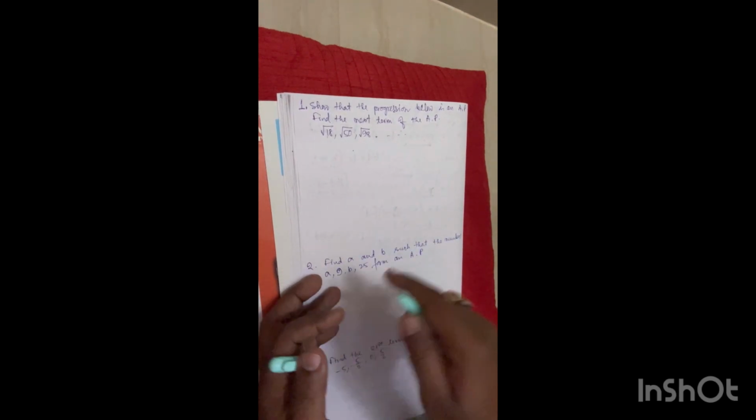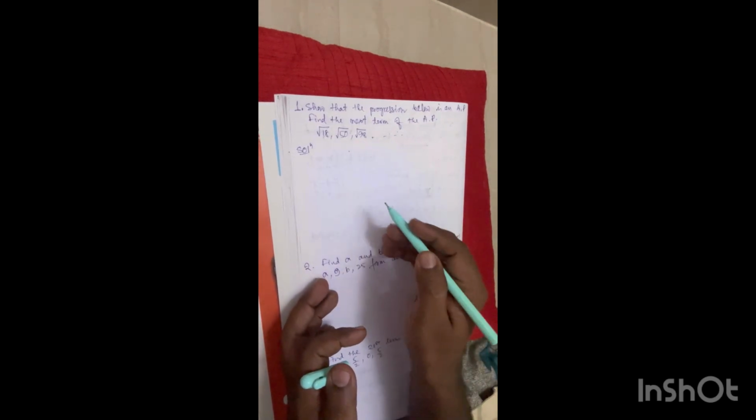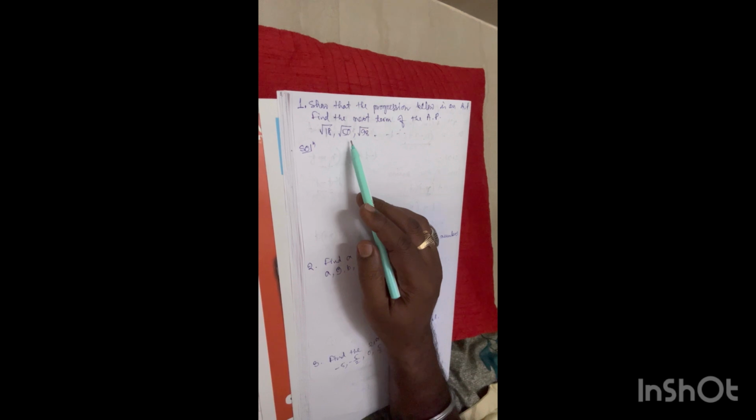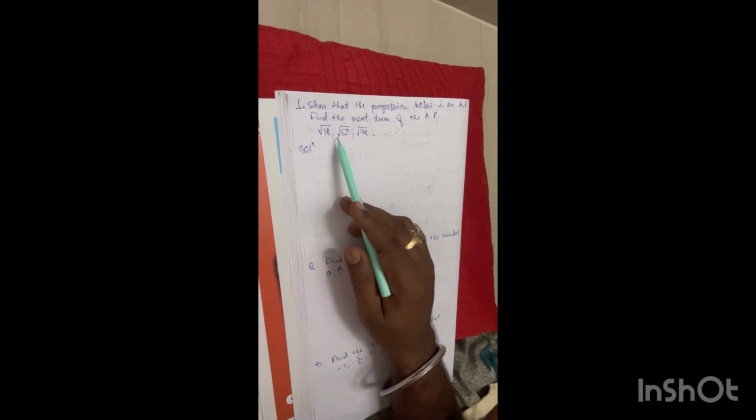By seeing it, somebody may not say that it is an AP series, because in an AP series generally we deduct, but here it is root over 50 minus root over 18, and you don't have any clue how to deduct, because it is a kind of surd, and that too not a perfect surd, it is a mixed surd.